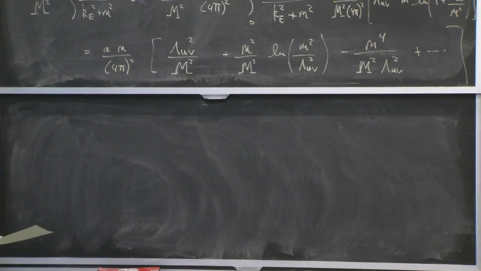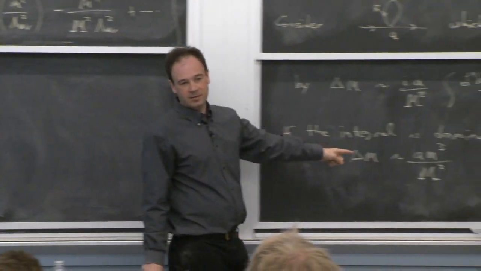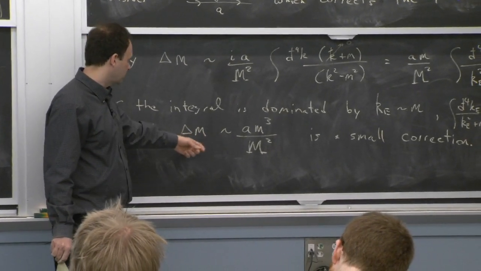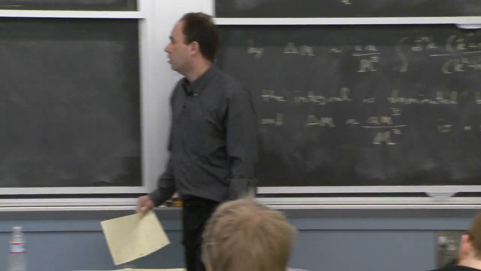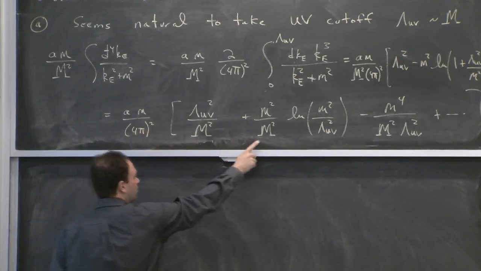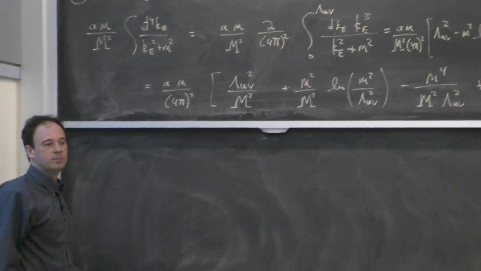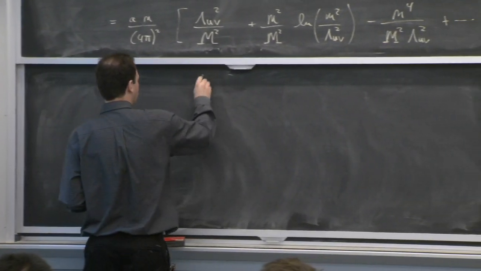OK, so you can see that if I do this, it's not satisfying what I said over here. I'd like the correction to be m cubed over M squared. There are corrections that go like m cubed over M squared, like this one. These ones are even higher. But there's this term, and that's not a small correction.